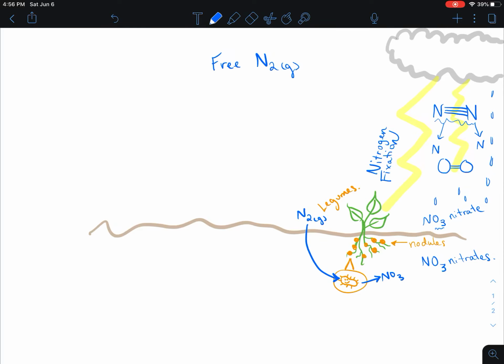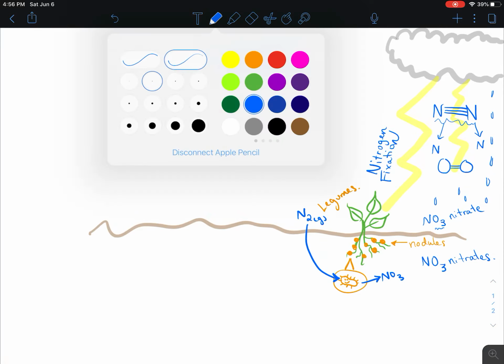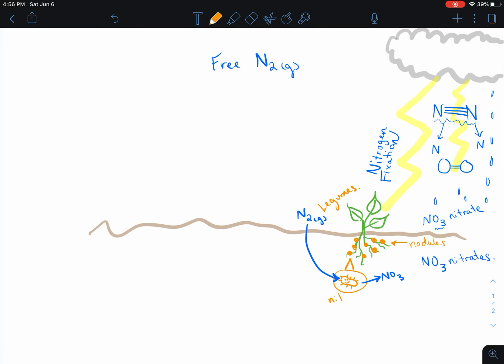Okay, so this bacteria, because it's forming nitrate, we call it nitrifying bacteria. Okay, nitrifying bacteria make nitrate.